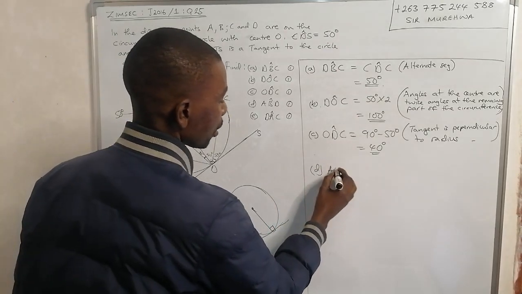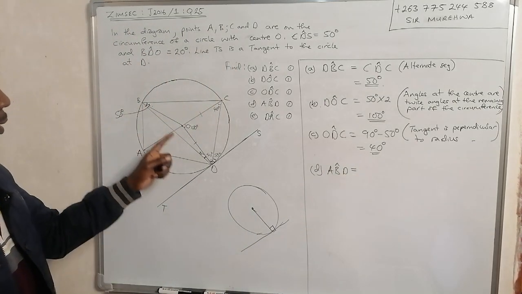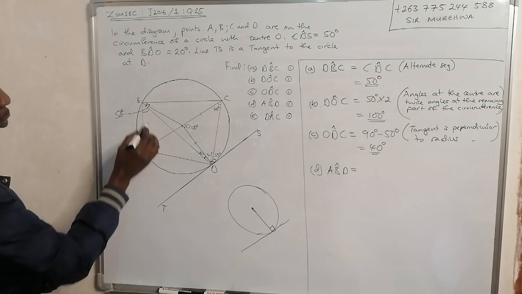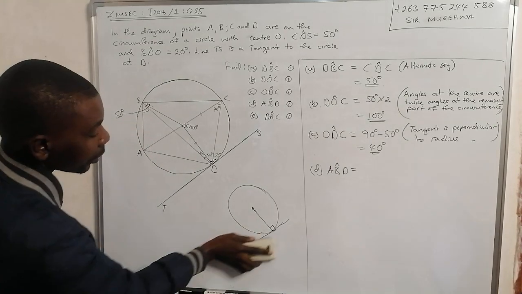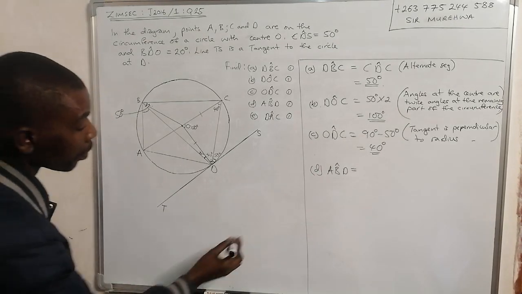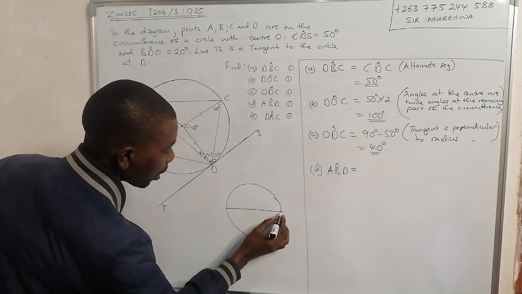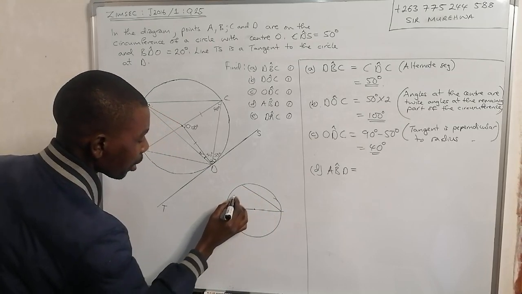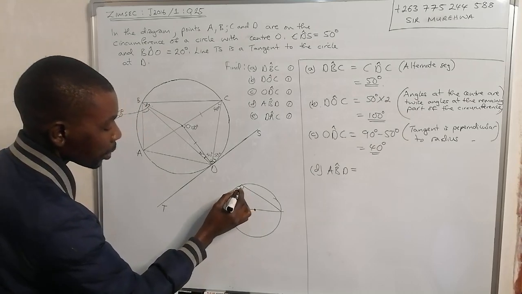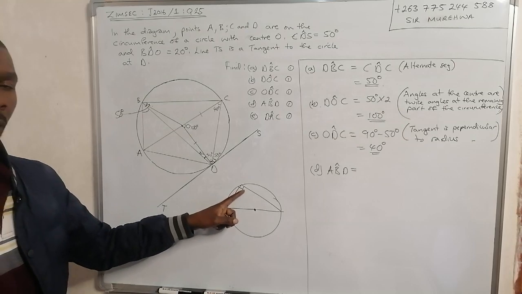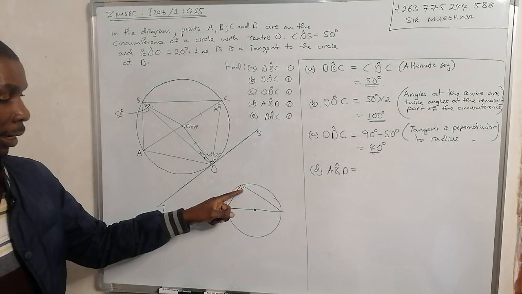Then part D, ABD. Remember, using this theorem, if we have a diameter here, all the angles under a semicircle are right angles. So if we have an angle from the end points of the diameter meeting at the circumference, it is 90 degrees.